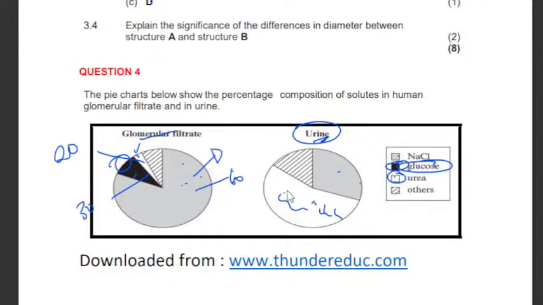What made urea to be big here is that sodium chloride is being reabsorbed back, meaning it is changing from 60 maybe to 10%. And this one which was 30, all of it was reabsorbed back. It went from 30 to 0.